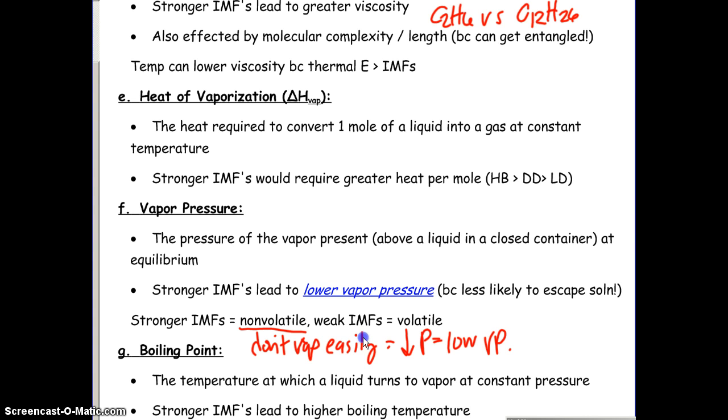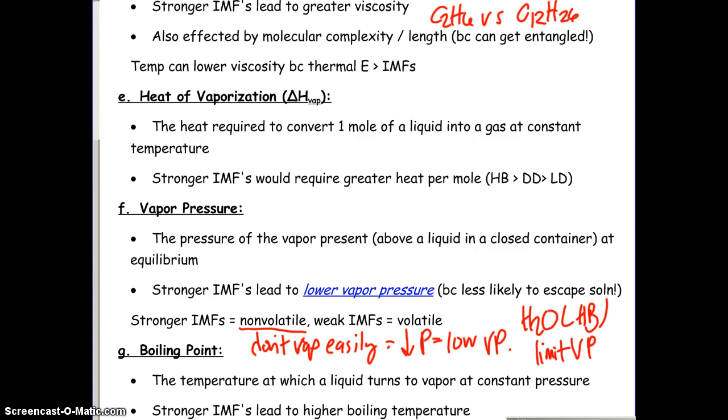So thinking about water, it does not vaporize very easily. So if it doesn't vaporize very easily, it's not creating vapors, therefore it's got nothing hitting the sides of its container, which means that it's not causing pressure. Water has hydrogen bonding going on, which limits the amount of vaporization, limits the vapor pressure. So this one's indirectly related. Strong IMFs yields low vapor pressure.